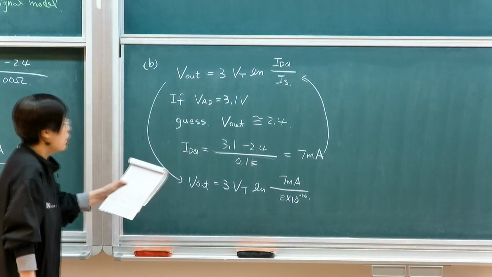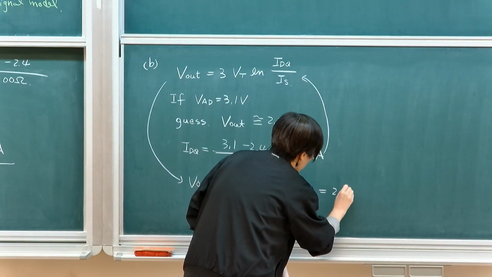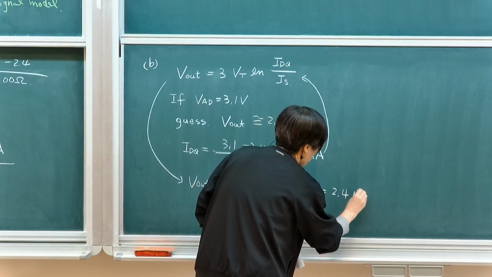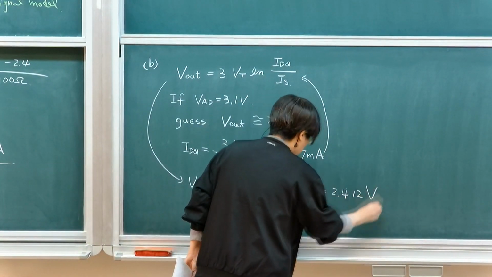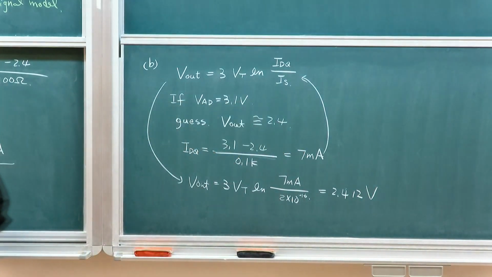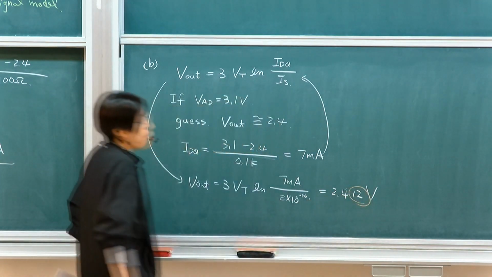You use that number, and we get a voltage of 2.4. Okay? So this tells us that my initial guess is not far off, because it's very close. It's not very far away.